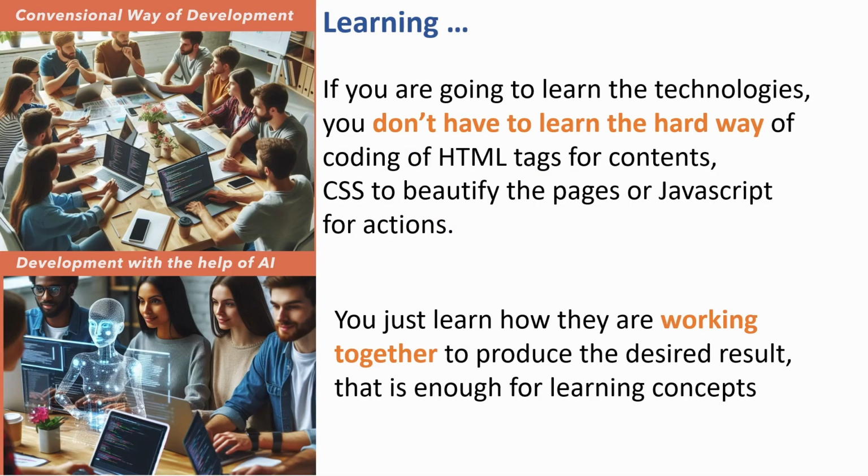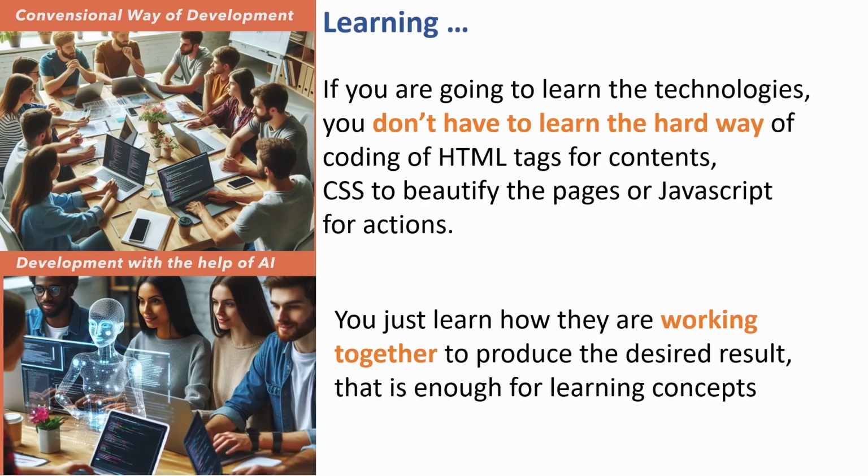If you are going to learn the technology, you don't have to learn the hard way of coding HTML tags for content, CSS to beautify the pages, or JavaScript for actions. We know that HTML is used to provide the content in a proper way, CSS is to beautify the objects and the pages, and JavaScript is for actions.